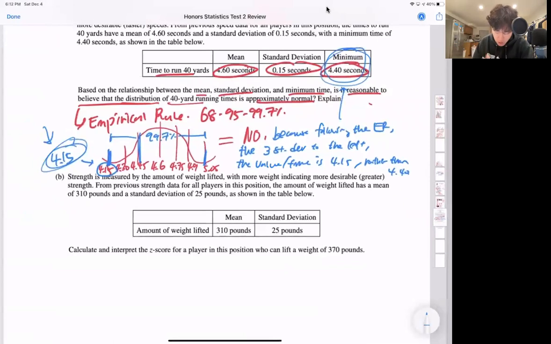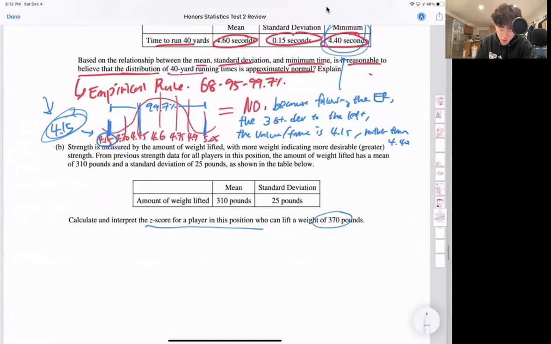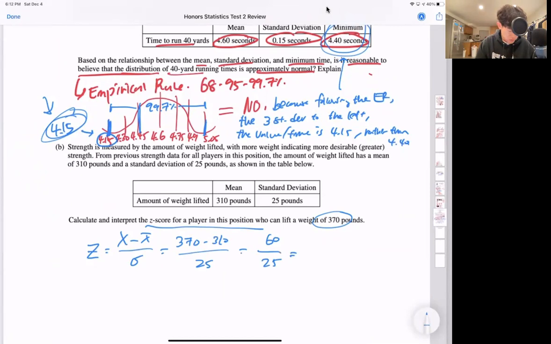All right, so calculate and interpret the z-score for a player in this position who can lift 370. So remember, z-score is the value minus the mean over the standard deviation: 370 minus 310 over 25, so 60 over 25. All right, so this is where my calculator comes into play. 60 divided by 25, I'm going to convert that to decimal, so that gives you 2.4.